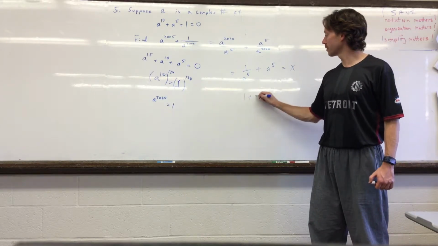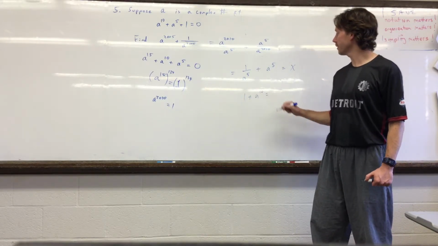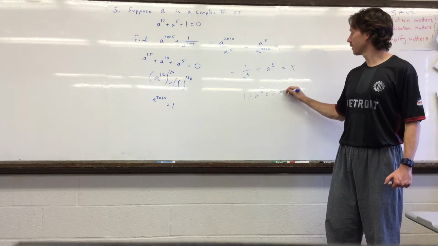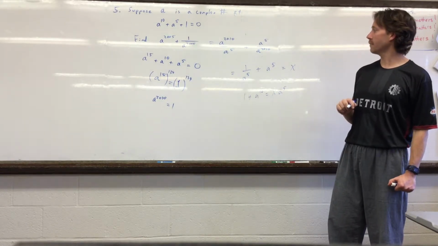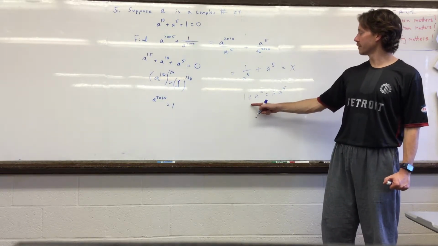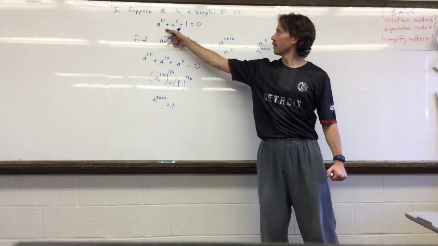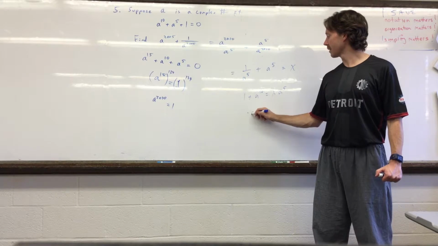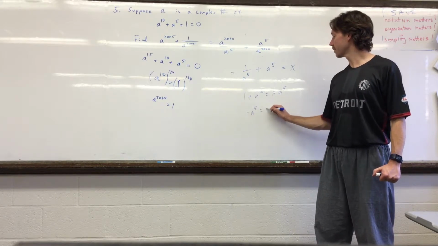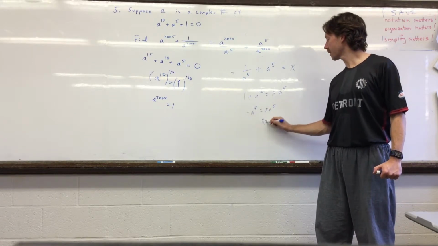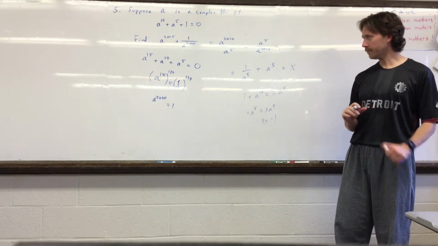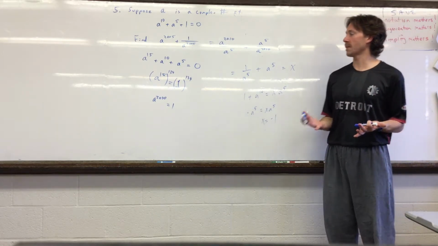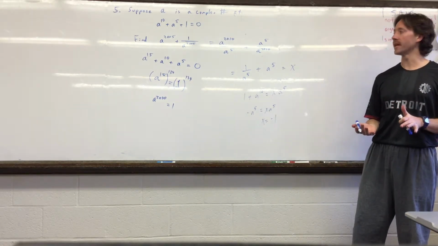So I have 1 plus a to the 10 equals x times a to the 5. But 1 plus a to the 10 is minus a to the 5. So minus a to the 5 equals x times a to the 5. So x equals negative 1. So that's one way to do this problem purely algebraically.